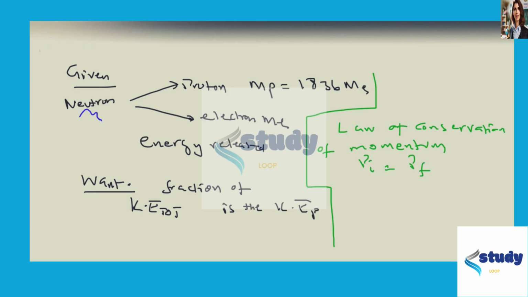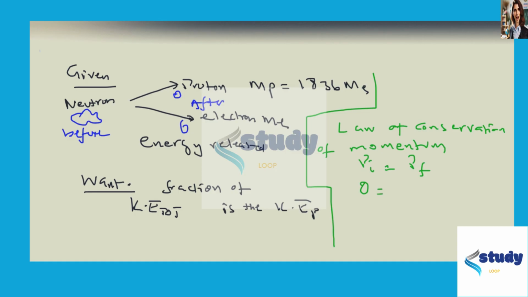Initially, you only have the neutron, this is before, and after you have the proton and the electron. After there is motion, before there is no motion, and so the initial momentum is zero.